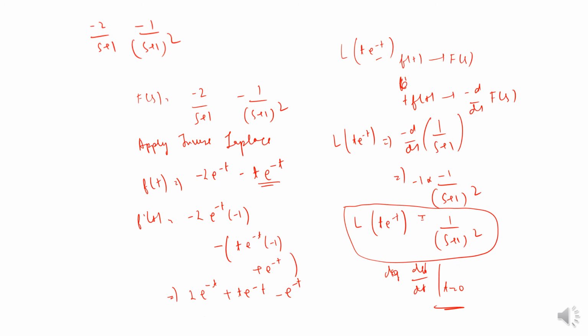At t is equal to 0, what is the value? For the first term it is 2, for the second term it is 0, and for the third term at t equal to 0 it is 1. So 2 minus 1 is 1. The answer is 1 for this question.